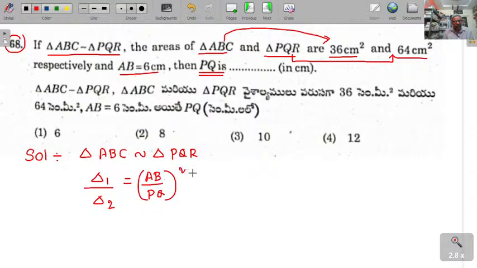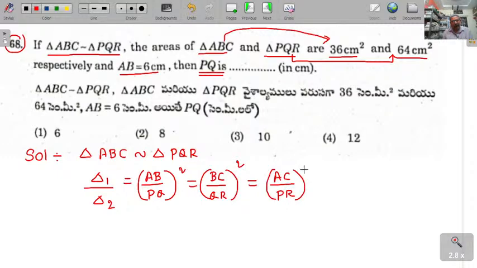And BC corresponds to QR, so BC by QR whole square. This is the area theorem. Next we can write AC by PR whole square. It may even be equal to the ratio of their medians square, ratio of altitudes square, ratio of perimeters square, ratio of perpendicular bisectors square, and ratio of angular bisectors square also. But up to this standard is enough.